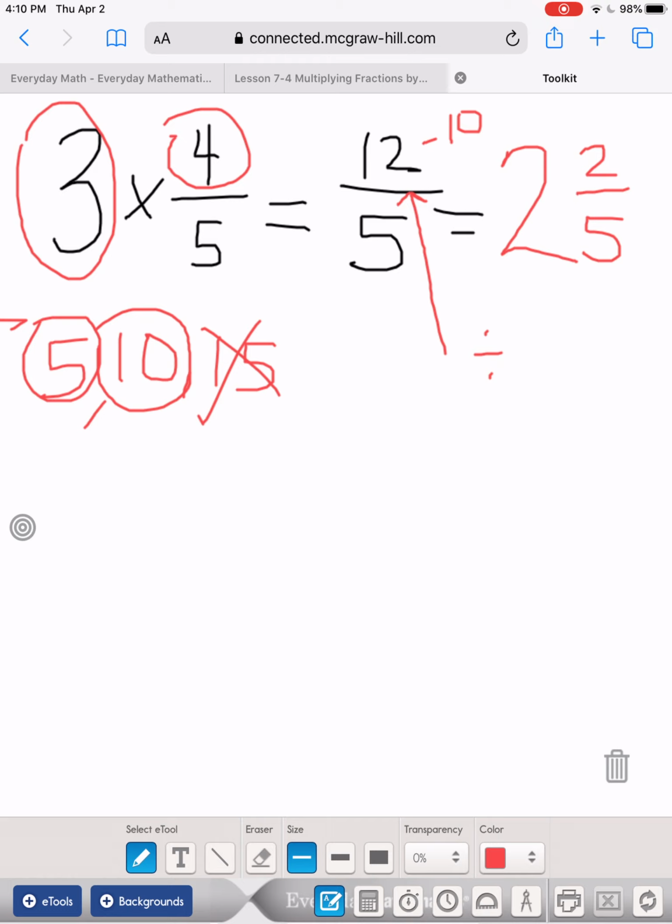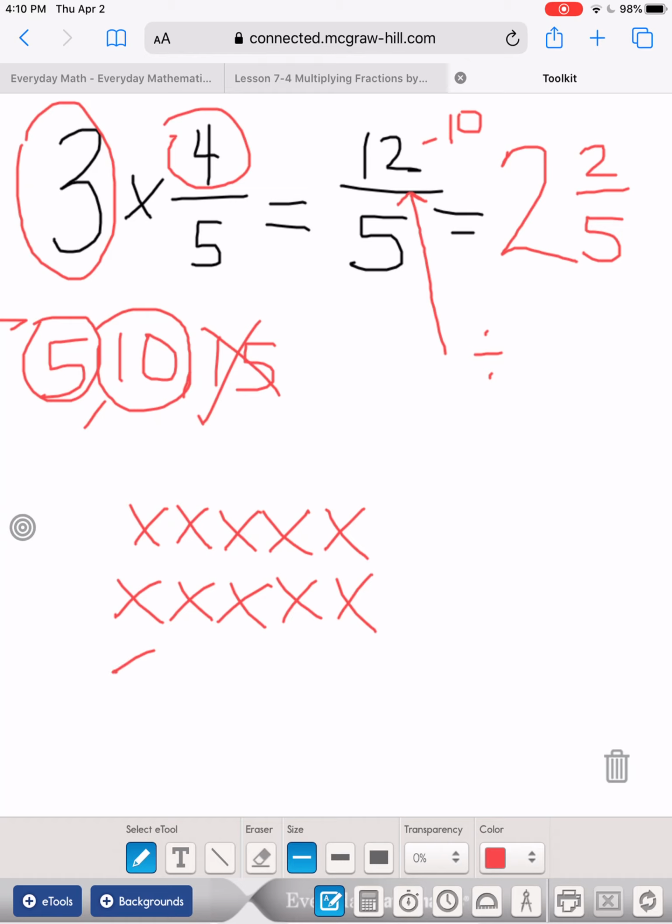Now, if that's a little bit too difficult for you, there is another way you can do it, which will take you a little bit longer. But until you get the hang of it, you can make groups of 5 using 12 objects. So 12 hearts, 12 X's, 12 circles. So I'm going to go ahead and do that. 1, 2, 3, 4, 5, 6, 7, 8, 9, 10, 11, 12.